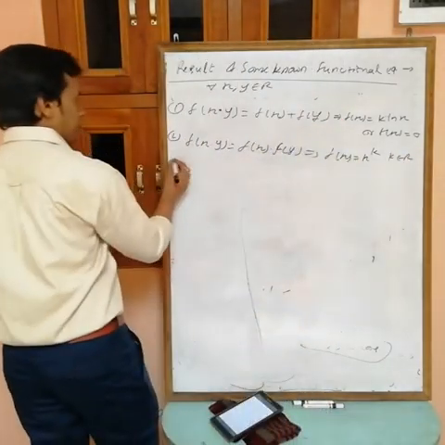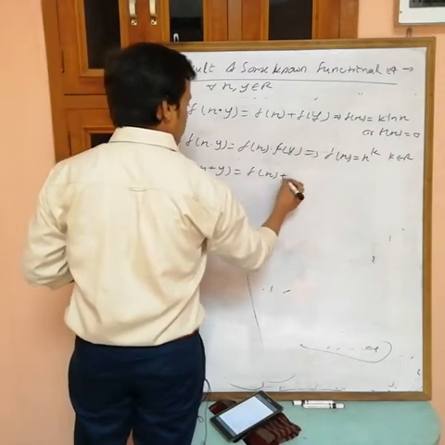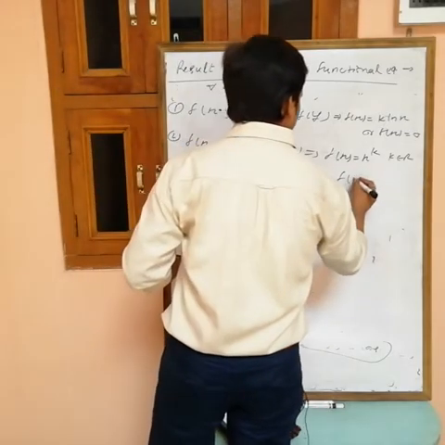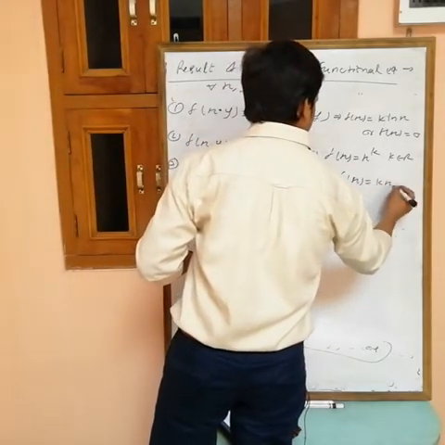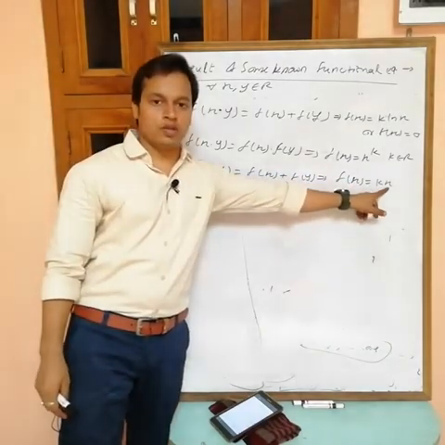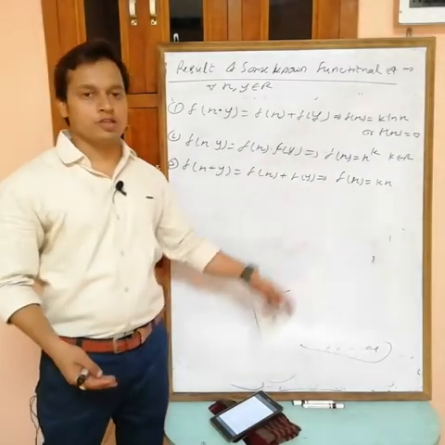Third one, f(x plus y) equals to f(x) plus f(y). F(x) is equals to kx. In this one, if you put x as x plus y, then k(x plus y) can be written as kx plus ky, f(x) plus f(y).